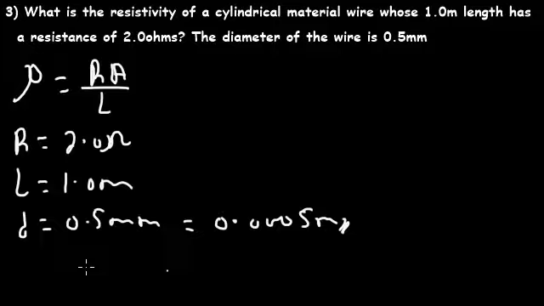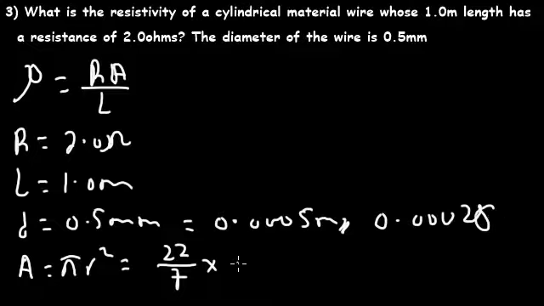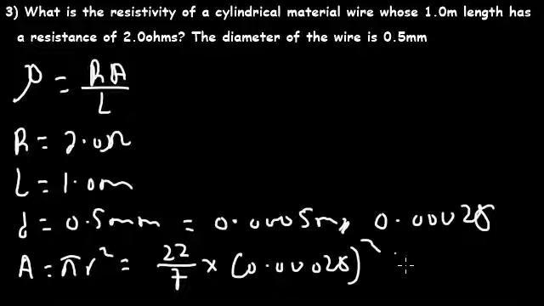Perfect. So therefore, area, which is pi r squared, will be 22 over 7 multiplied by the radius. If we divide the diameter by 2, that will give us 0.00025. So multiply by 0.00025 all squared.